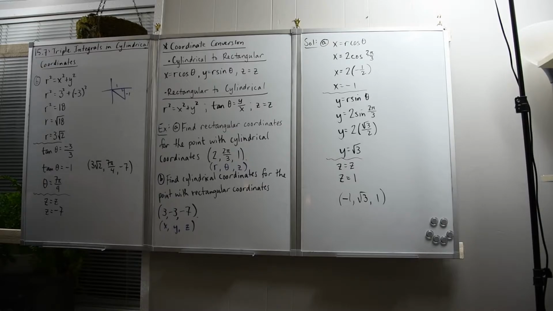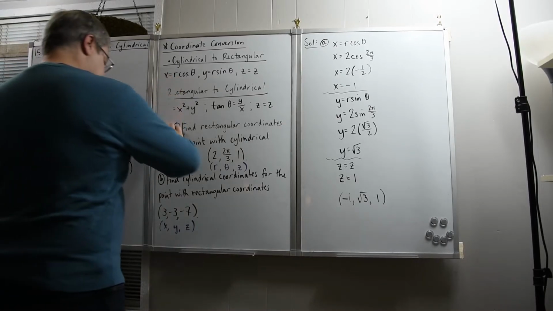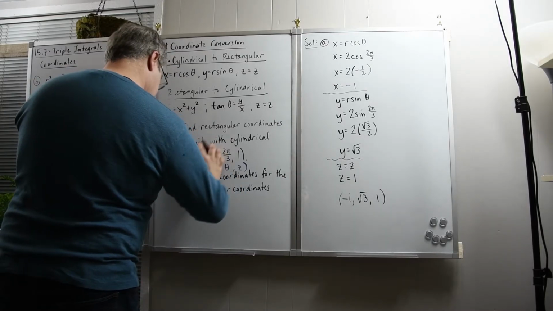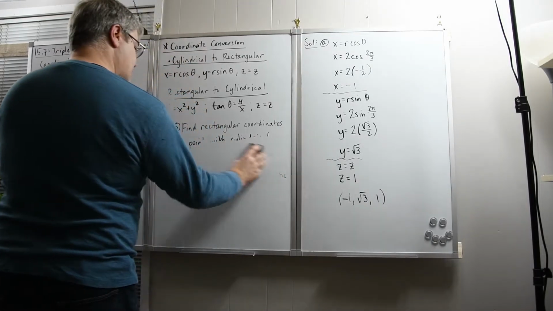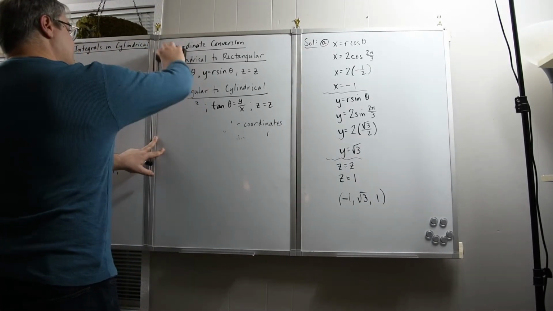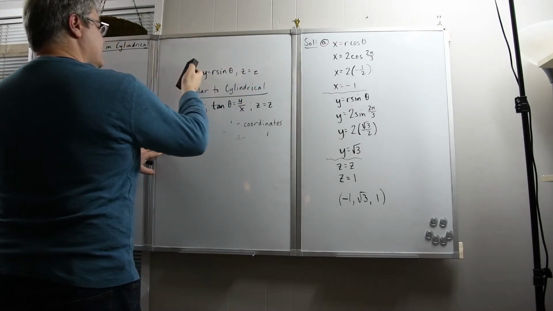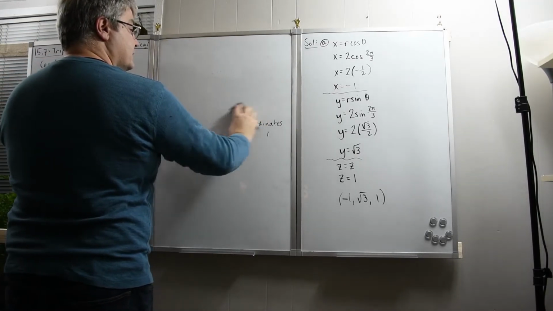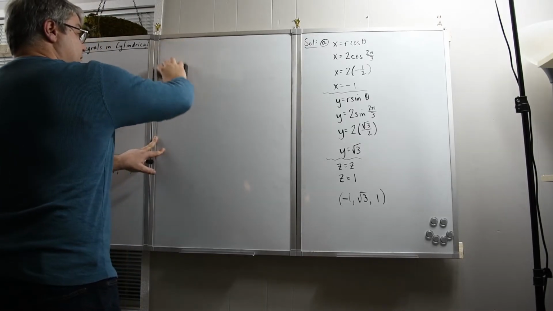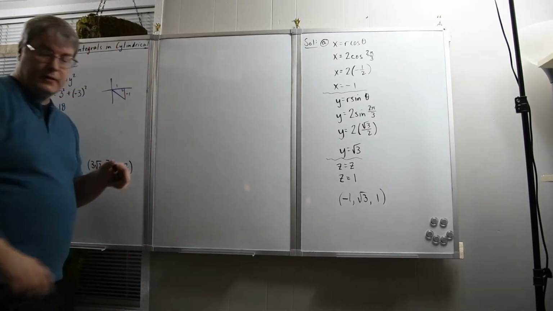Now, notice that the title of the section is Triple Integrals in Cylindrical Coordinates, so we need to start thinking about triple integrals at some point. And so we're going to be thinking about a solid region R. This is going to be a type 1 solid region.